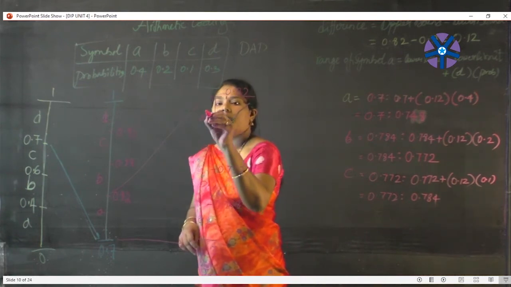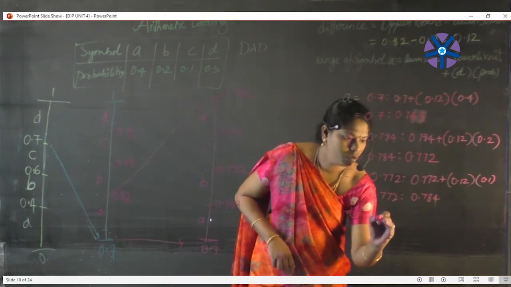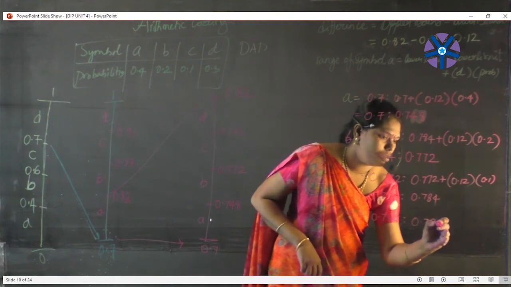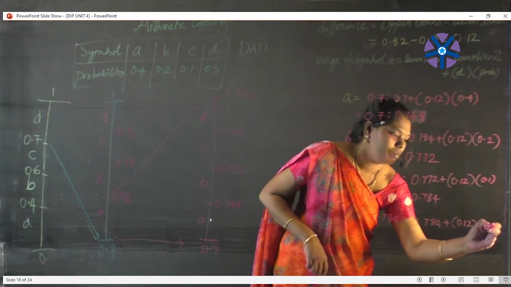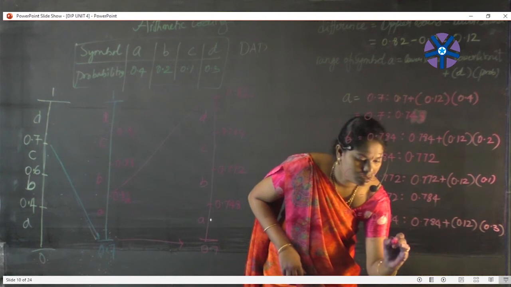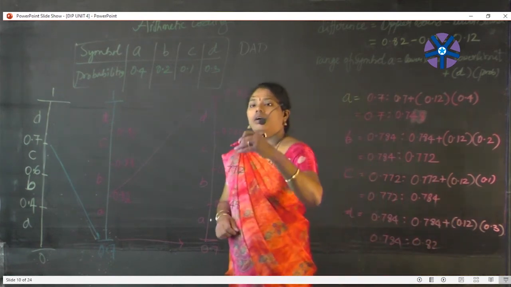Next, for the symbol D, 0.784 is the lower limit, and 0.784 plus 0.12 into 0.3 gives 0.82, which is the upper limit.